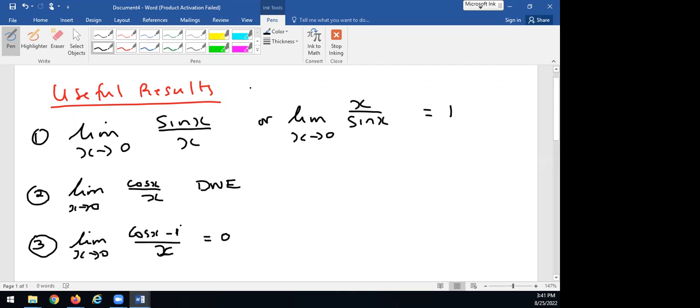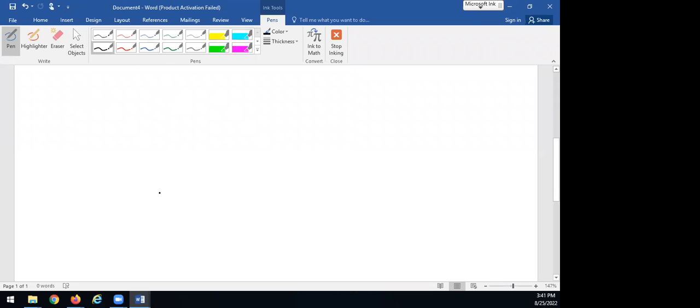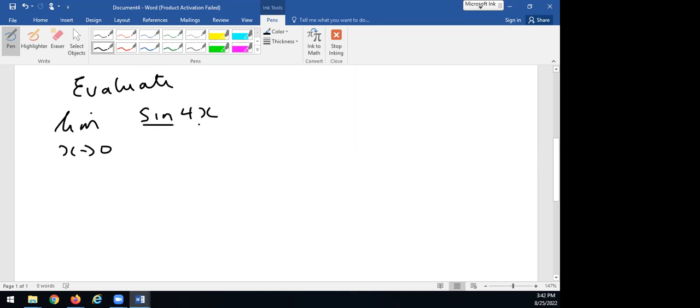All right, evaluate. So we have the limit as x approaches 0 of sine 4x upon x.